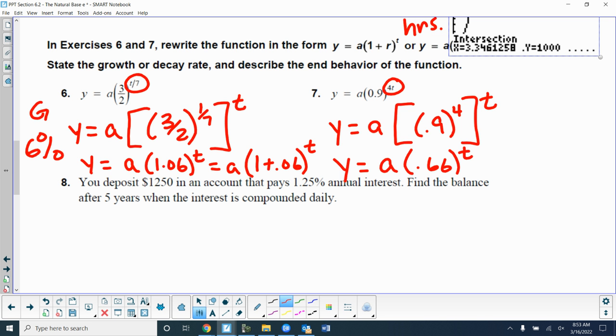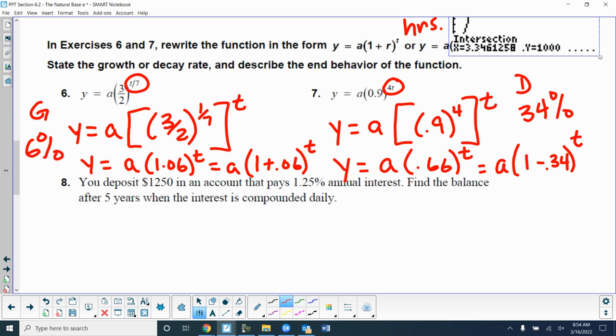Now, how do I write this as 1 minus? Do I put 0.66? No, you do 1 minus 0.66, which is what? Yep, 0.34, right? The 0.66 is 1 minus 0.34. So what's the percent decrease, decay? 34%.